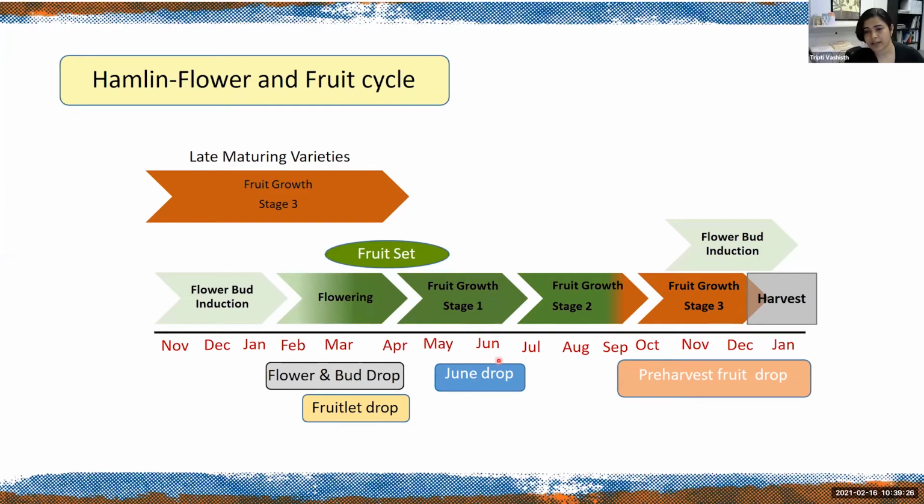Now we do know that HLB increases pre-harvest fruit drops, so you don't want to induce drought stress at that time. And those type of management questions are really important or become very critical, and you have to think about the whole couple of years, or actually you just cannot think about one crop.